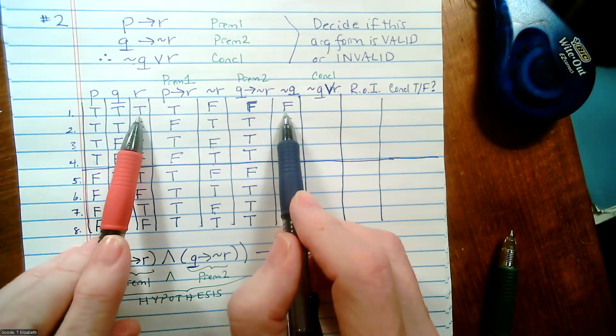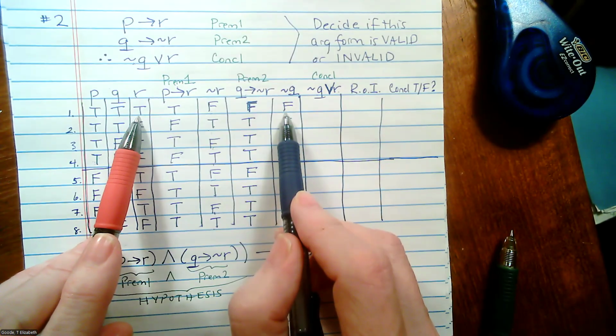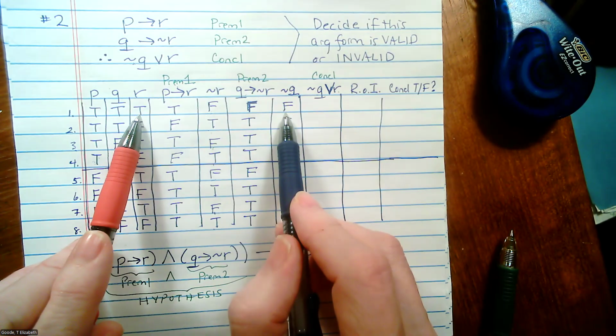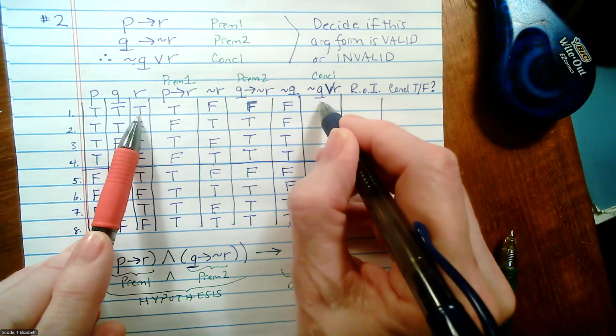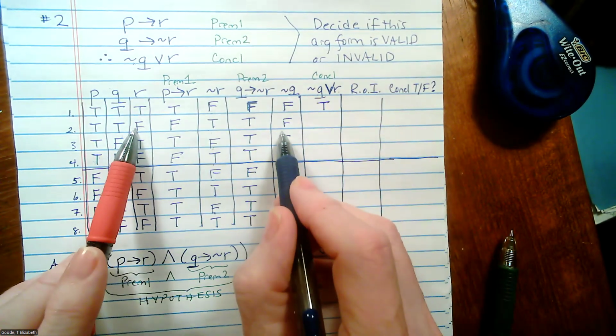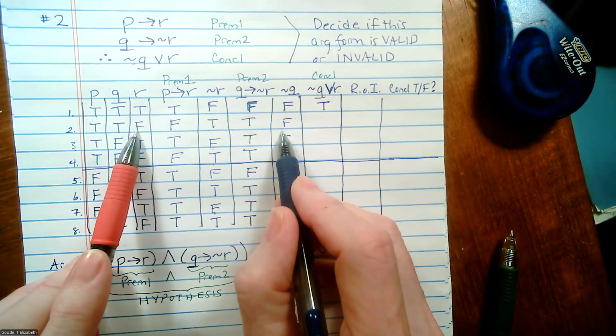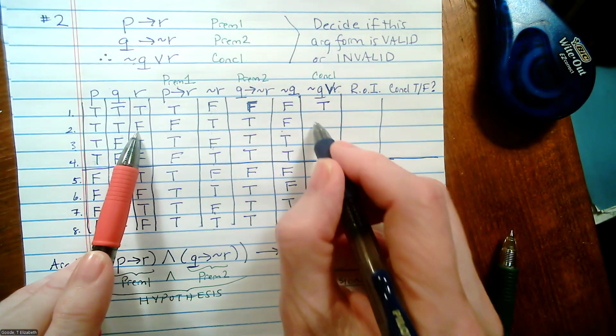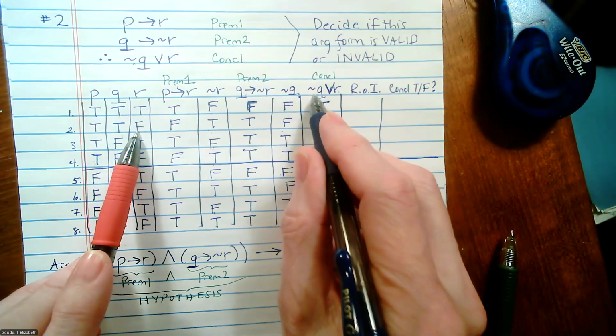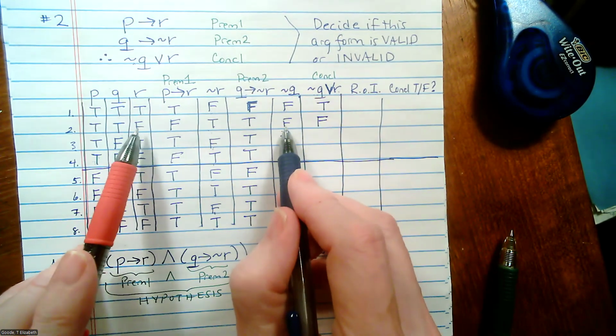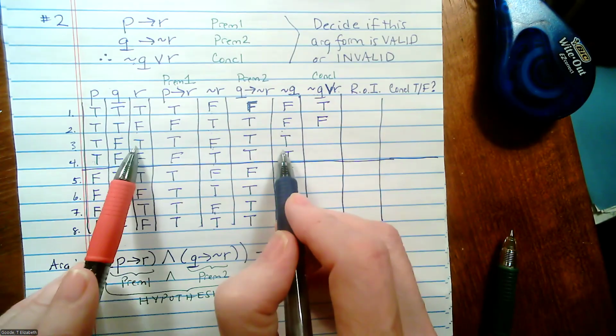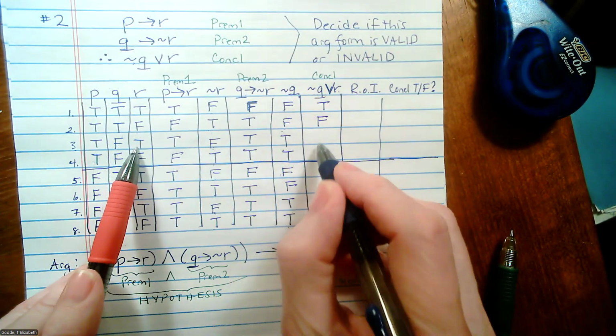Row 1, true, because R is true, and that's enough to make this OR statement true. Row 2 would be false. That's the only place the OR fails, if both components are false, and they are both false in row 2. Good. Row 3, true.